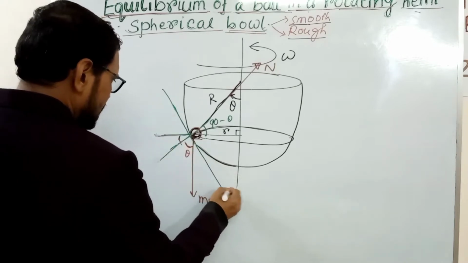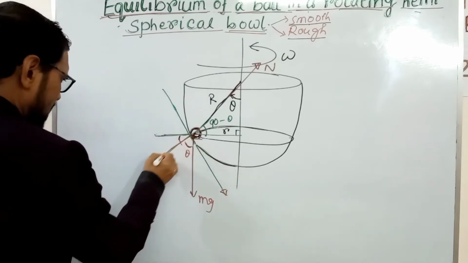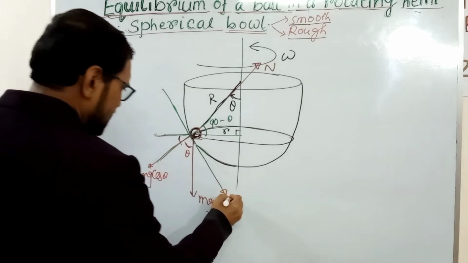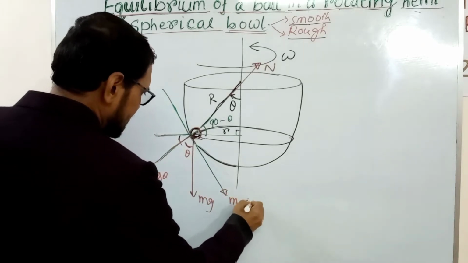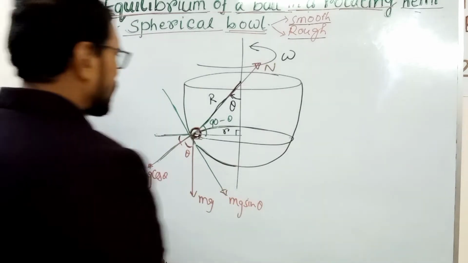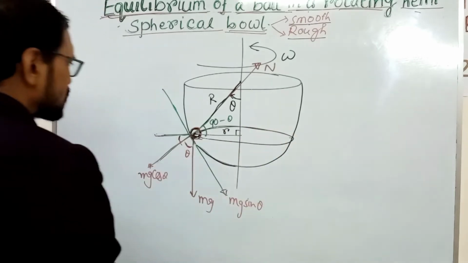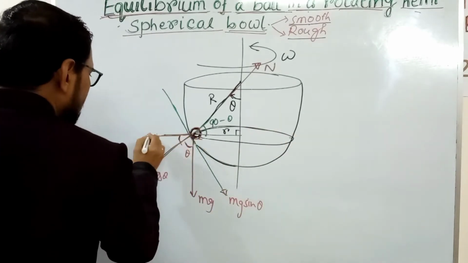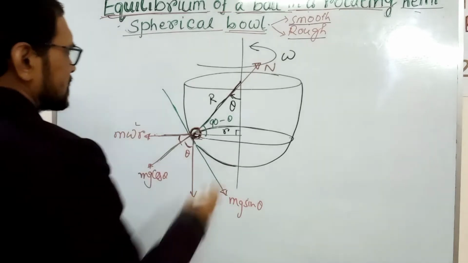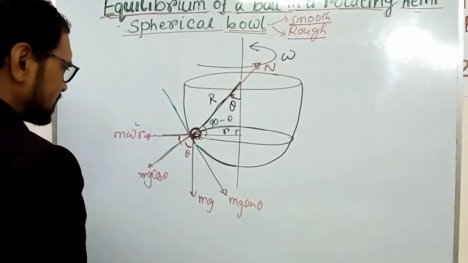So mg cos theta is in this direction and mg sin theta in this direction, and the ball is rotating about this circle. So centrifugal force acts in this direction, m omega square r. Now the radius is r here.